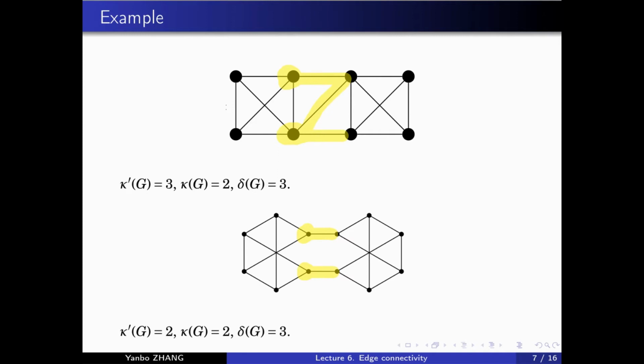Some students may have discovered such a fact. For any graph, its connectivity is less than or equal to its edge connectivity, which is less than or equal to its minimum degree. This result was first found by Whitney in 1932.